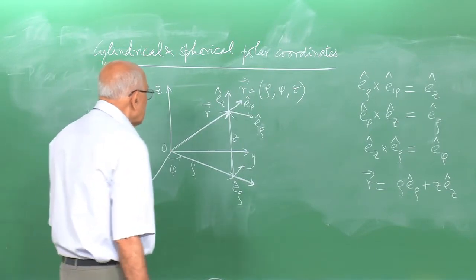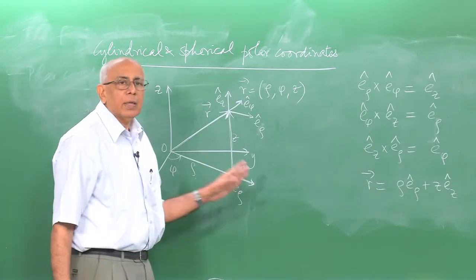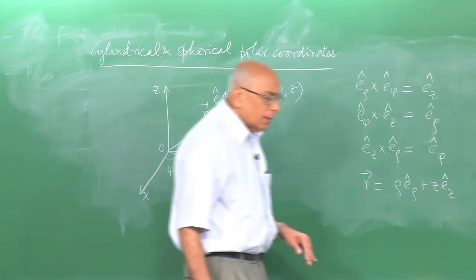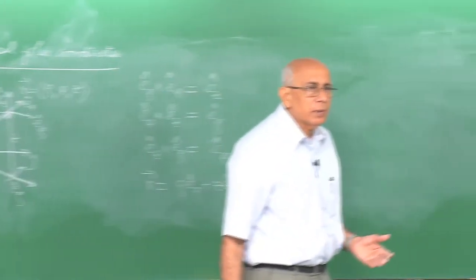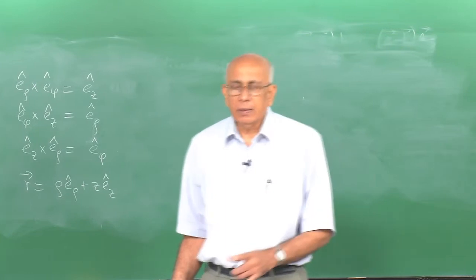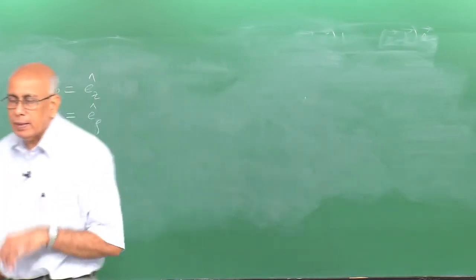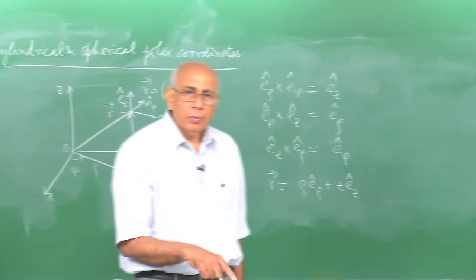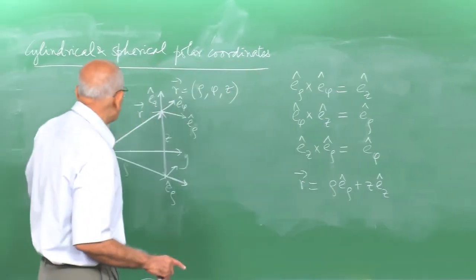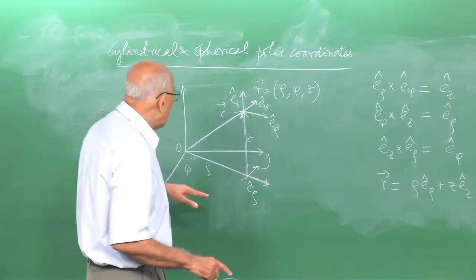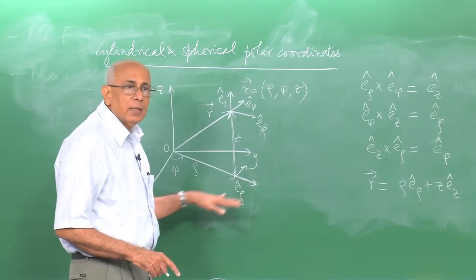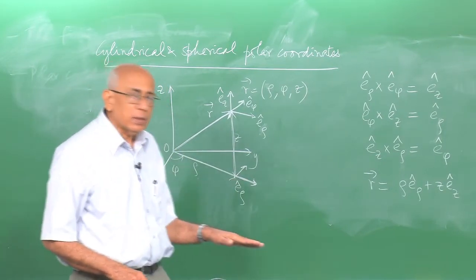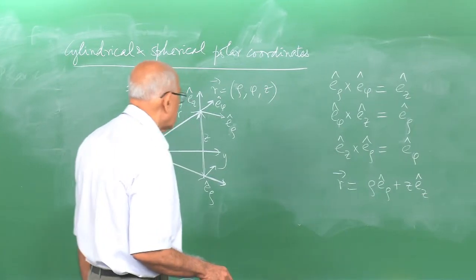So this is what cylindrical polar coordinates look like, and they're useful in all problems where you have axial symmetry, where you have some kind of cylindrical symmetry about a specific axis, and it's very useful to call that the polar axis, this z axis, the vertical axis, and then use plane polar coordinates in a plane perpendicular to the z axis, to the polar axis.